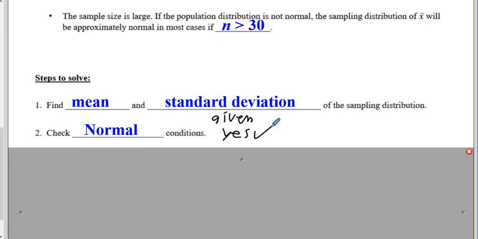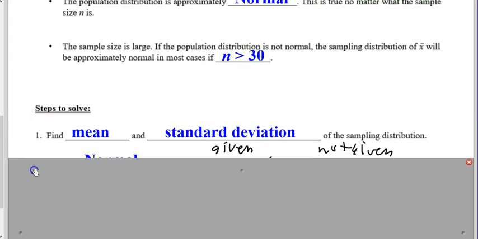We put a check mark. So if it tells us it's normal, we go from there. If it's not given, we check greater than 30, and then go from there. So it's either going to be told to us, or we have to have more than 30 in our sample.